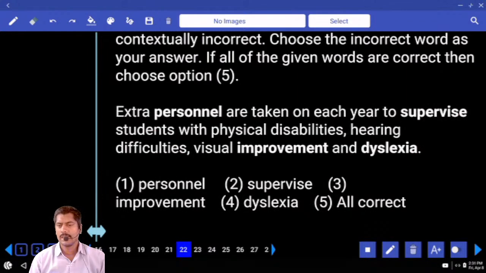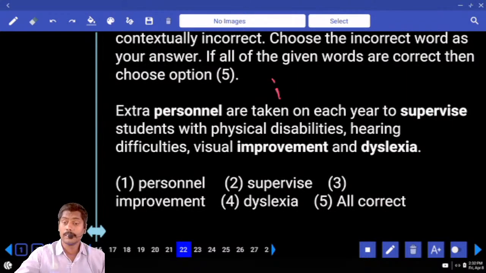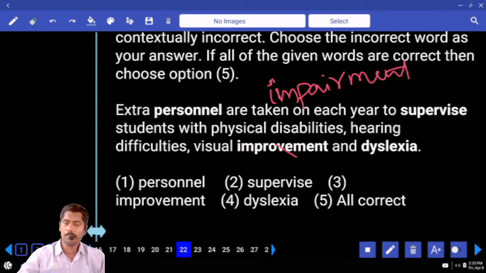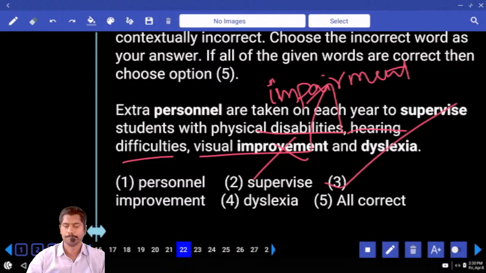Extra personnel are taken on each year to supervise students with physical disabilities, hearing difficulties and visual impairment. Visual impairment. Not improving here. Physical disability, hearing difficulties, visual impairment. Some sort of negative sequence is there. Answer 3rd.